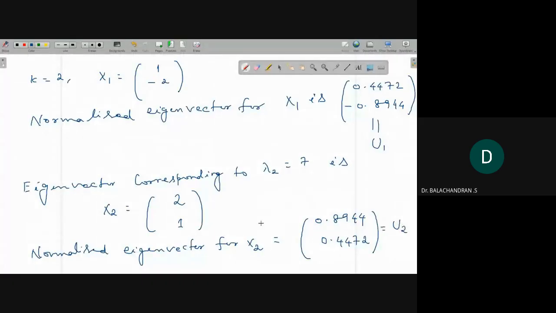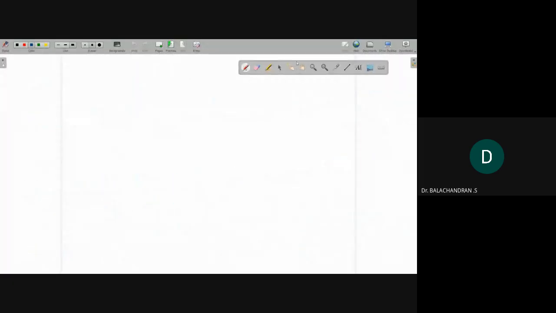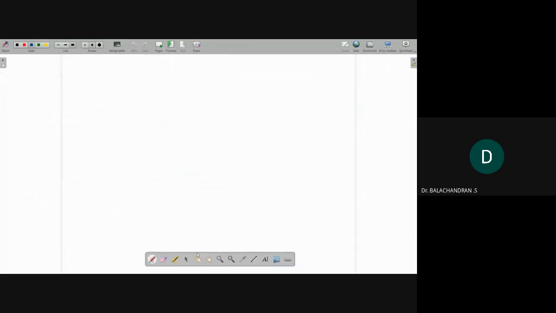Now capital U is the matrix with columns u1, u2.